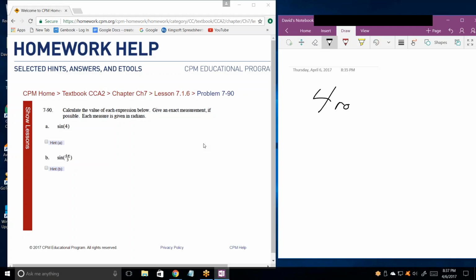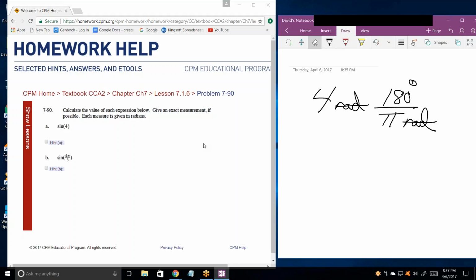So 4 radians, if I convert it using the normal method, I get 180 degrees per 1 radian. The radians cancel. So that's actually 720 degrees. That's really weird. Ah, it's 180 degrees per pi radians, not per 1 radian.